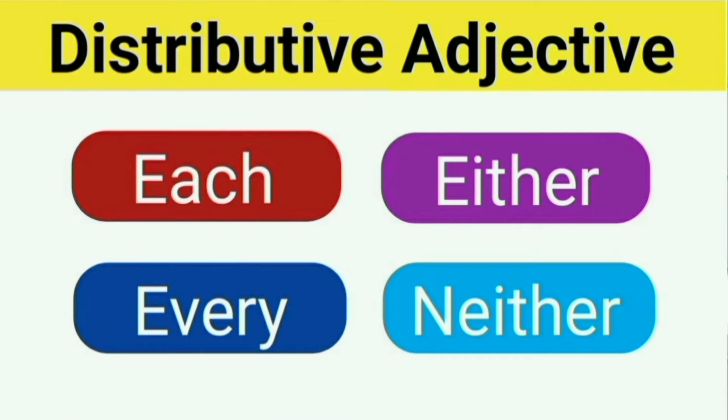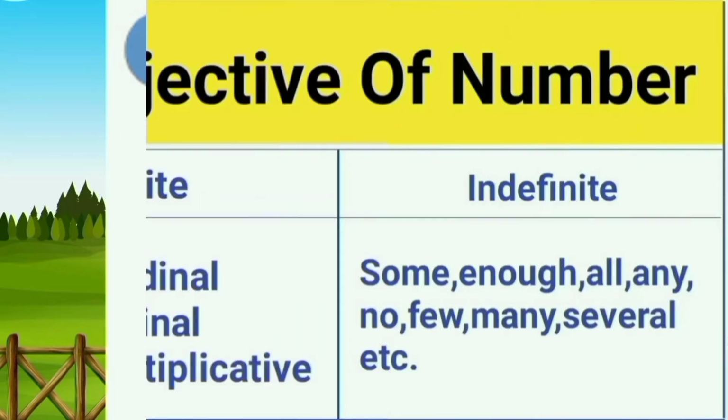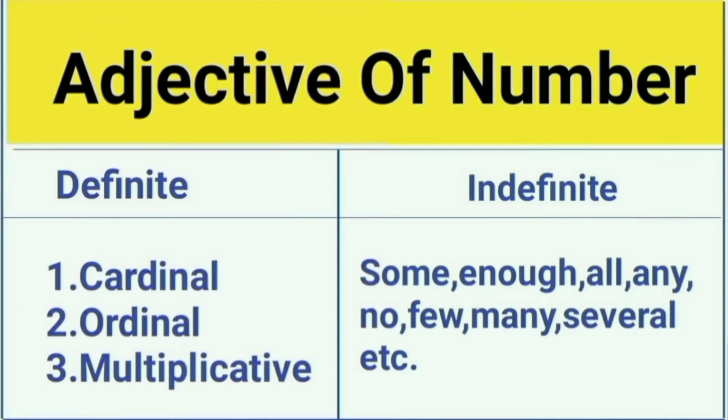So such adjectives are used to indicate relative physical positions. Distributive adjectives, on the other hand, refer to specific things out of a group. For example, each, either. Numeral adjectives, on the other hand, refer to number adjectives or adjectives that indicate quantity. They are adjectives of number.